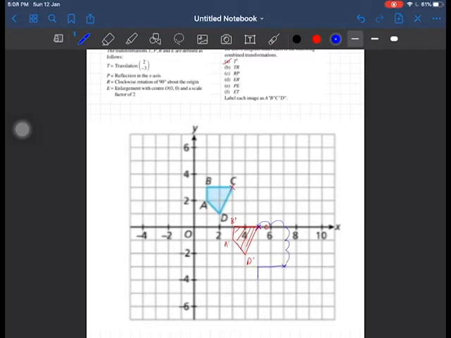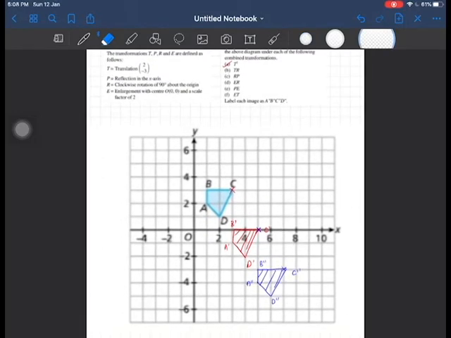So we'll end up here, C prime. And this is my final image. So as long as you give this answer, you'll be correct. Right. So that's the first question. Next, we'll do TR.